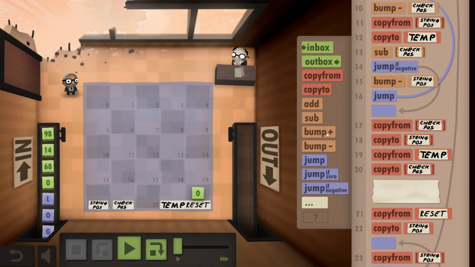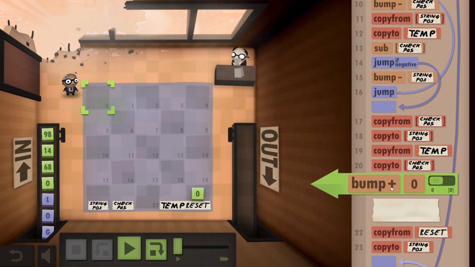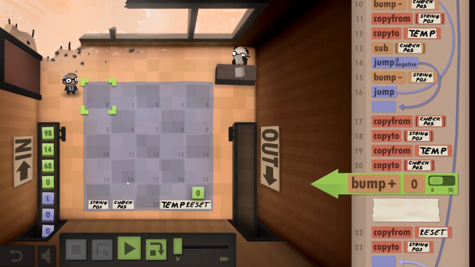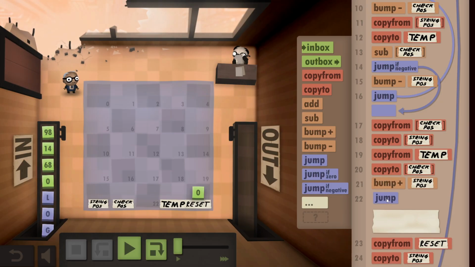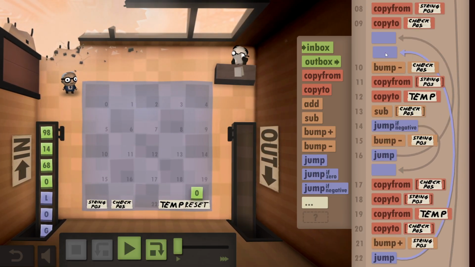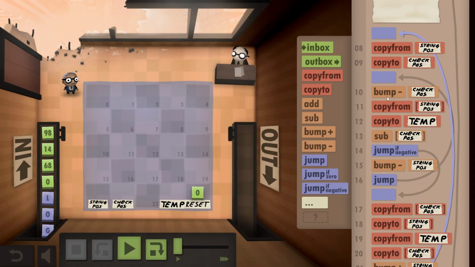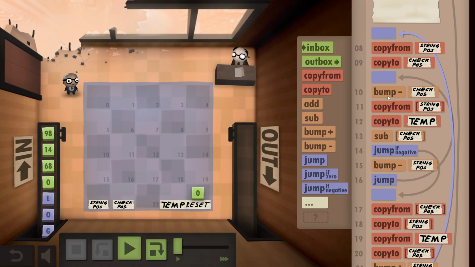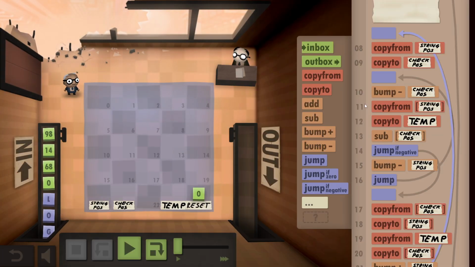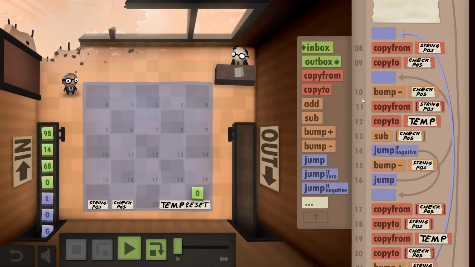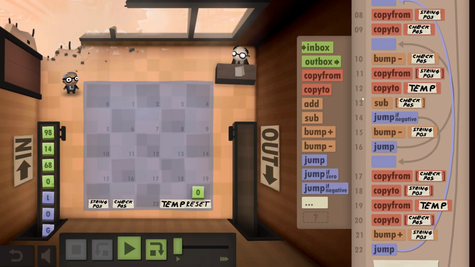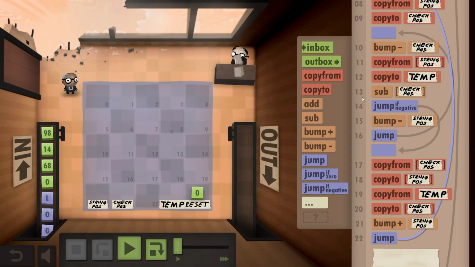From here. So we need to bump plus string and jump there. Is it there? So confused.